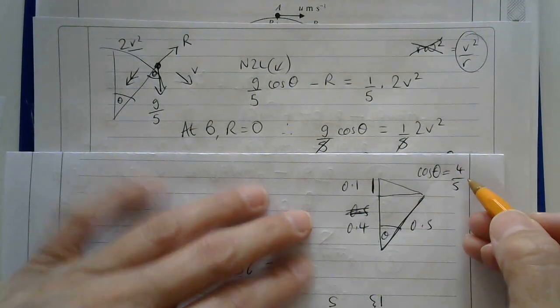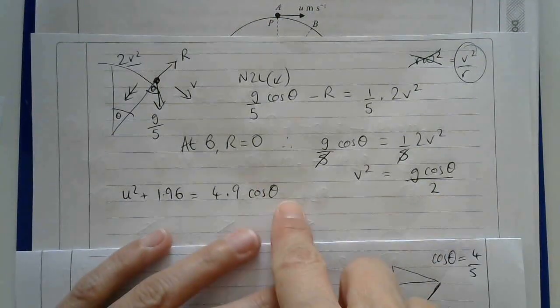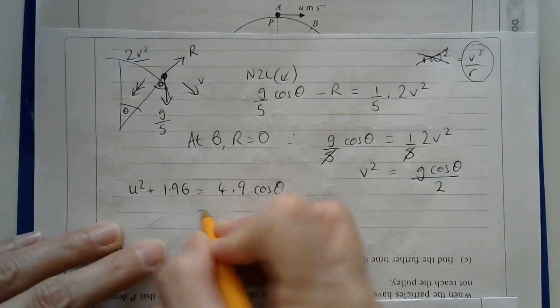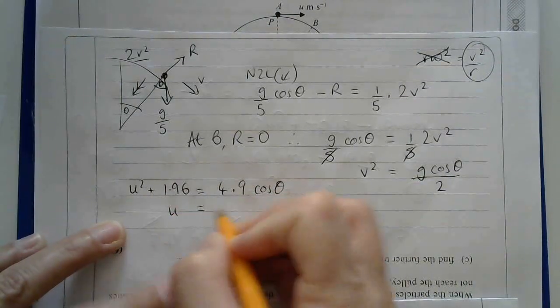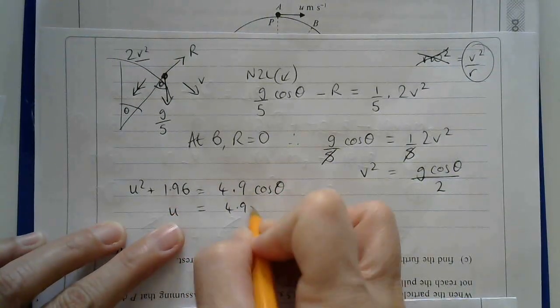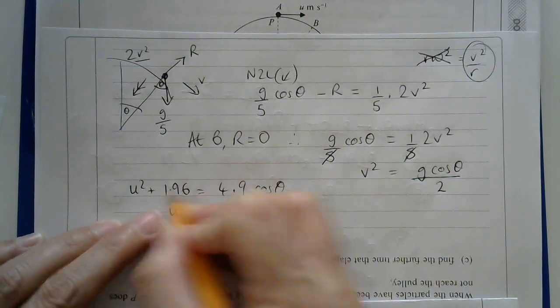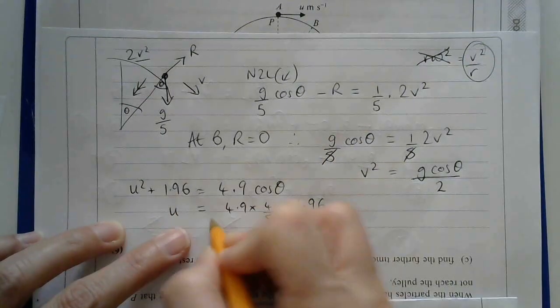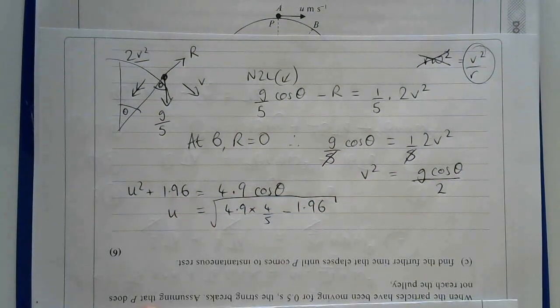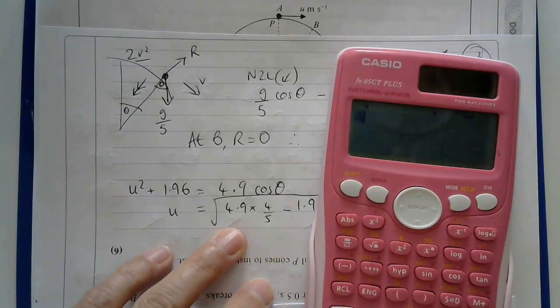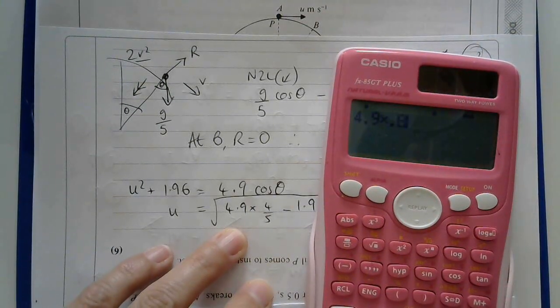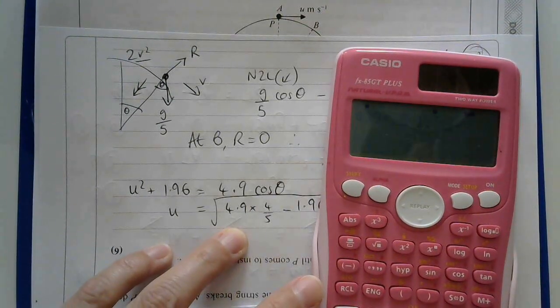Okay, so now I can put that 4/5 into here. So I get that u is going to be 4.9 times 4/5 minus 1.96, square rooted. So if I just stick all of that in my calculator, so I've got 4.9 times 0.8 minus 1.96.